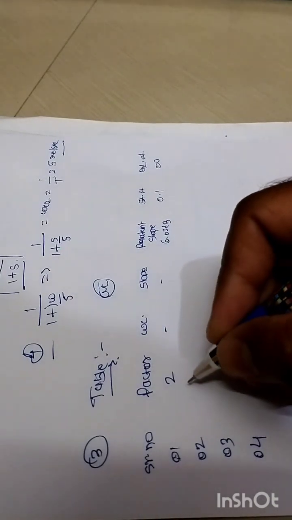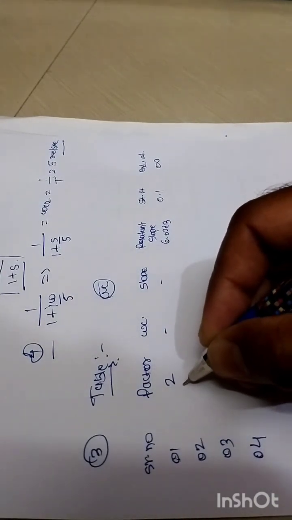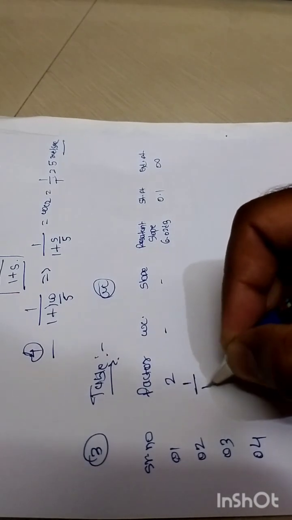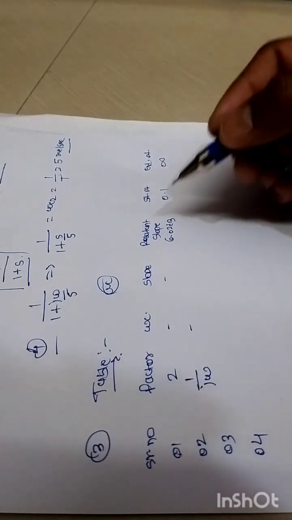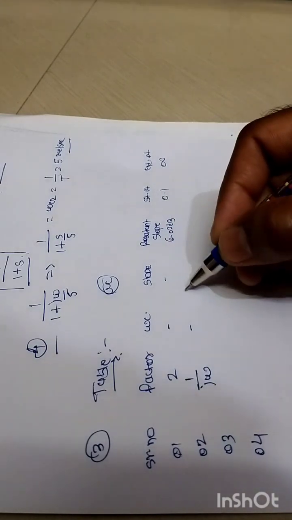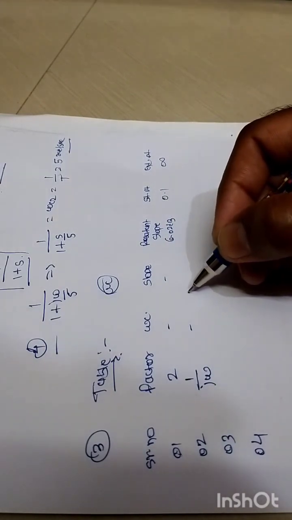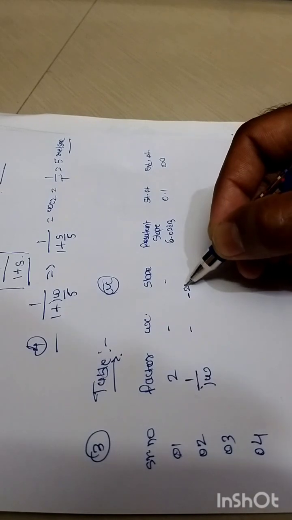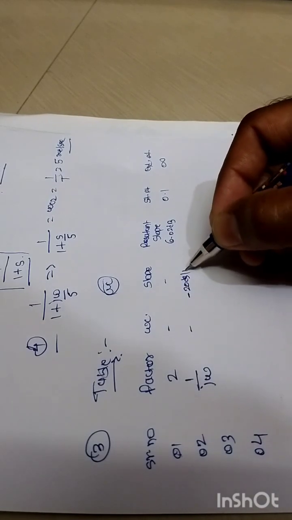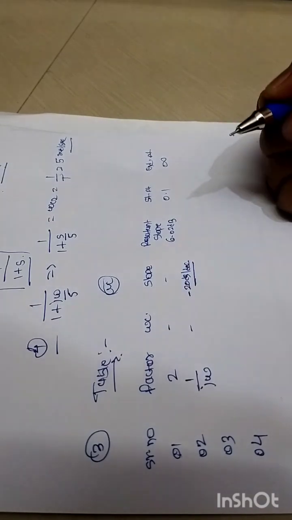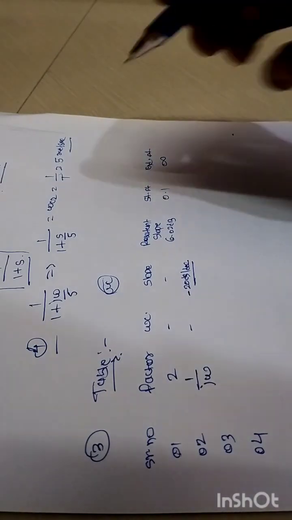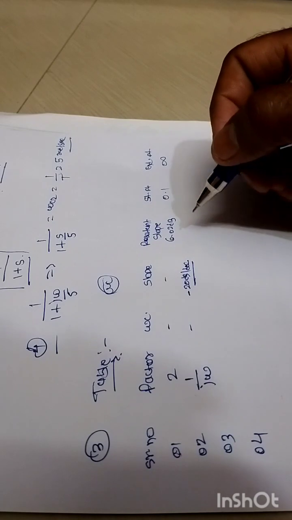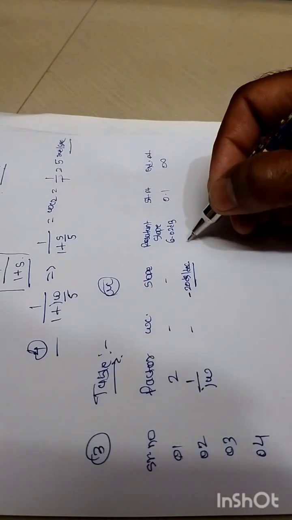Second factor is nothing but the pole which is present at the origin, it is 1 over j omega, right? Whose corner frequency, it has nothing to do with the corner frequency. Whose initial slope is minus 20 dB per decade, right? Decade means 10 divisions, as it is being plotted within the semi-log paper, so it is being considered as minus 20 dB per decade.